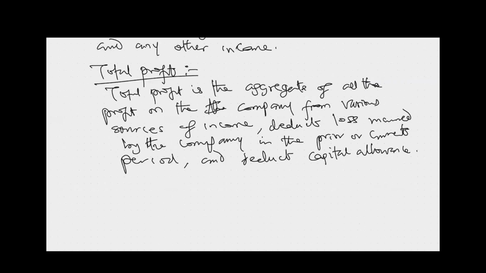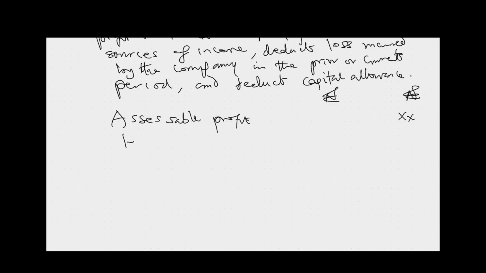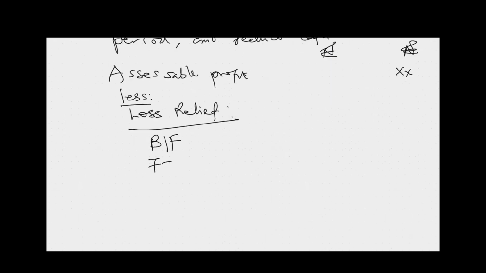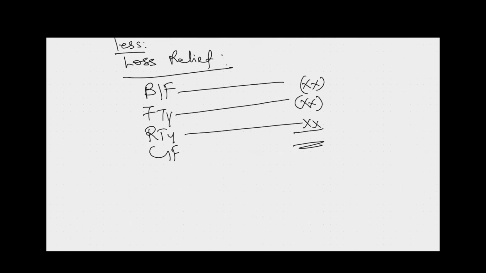So by implication, I am saying the layer of total profit is going to be your assessable profits less loss relief for the year, only for the year. Carry forward. We'll bring this in.